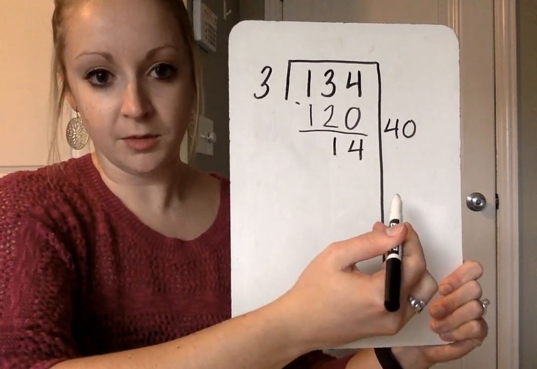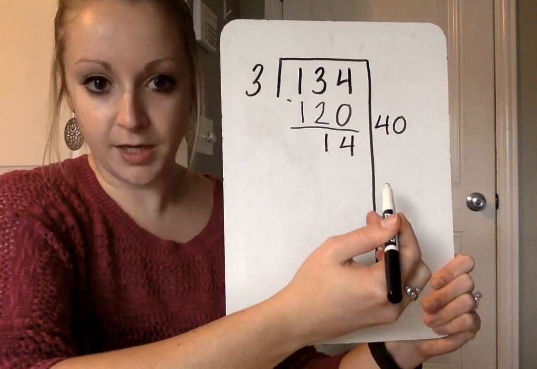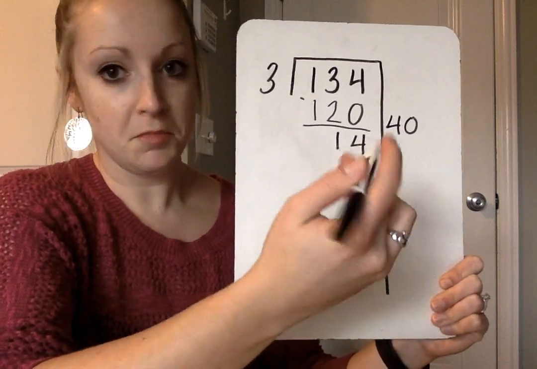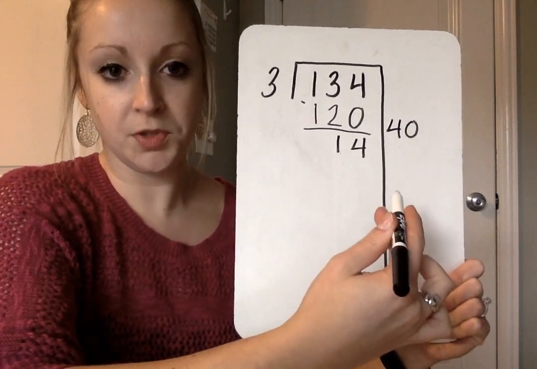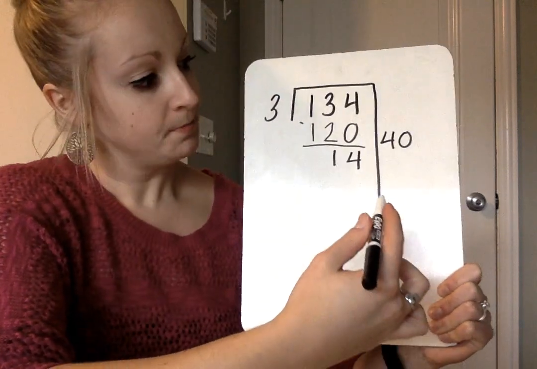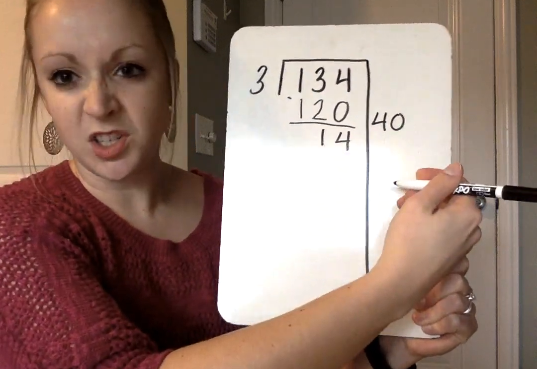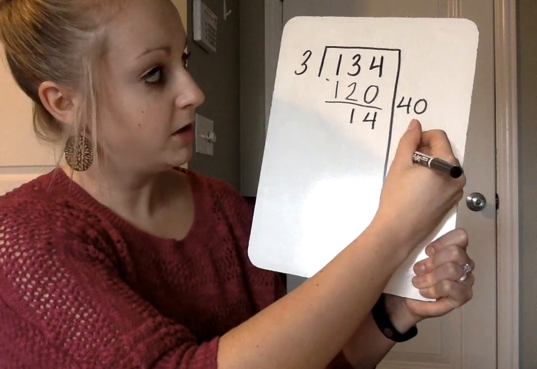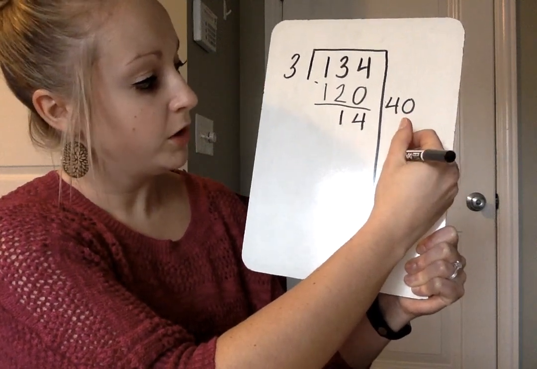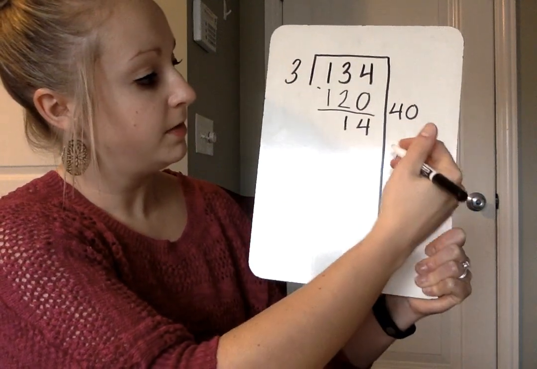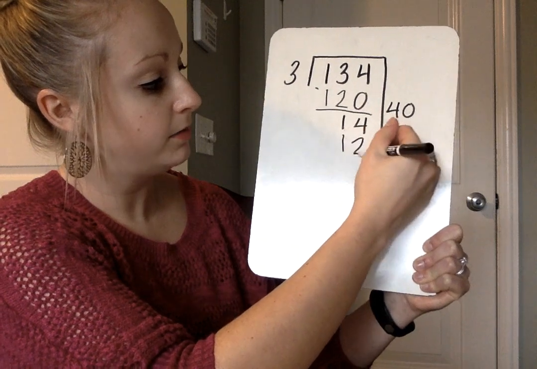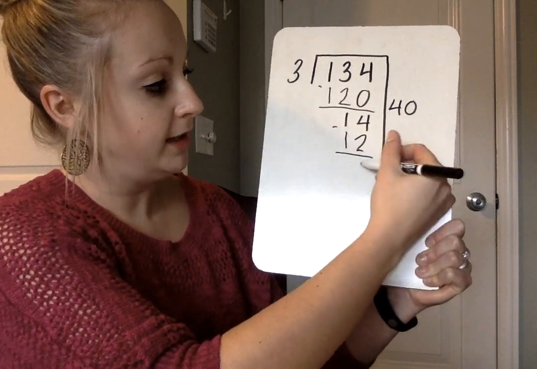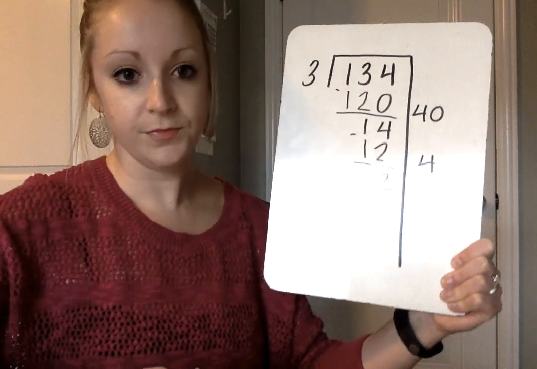Some kids might start with 4 groups of 3 next. If not, if they want to start with 3 groups, 2 groups, that works. I encourage them to do whatever is the most familiar for them right now. I'm going to start with 4 groups. 4 groups of 3, that's 12. So that leaves me with 2.